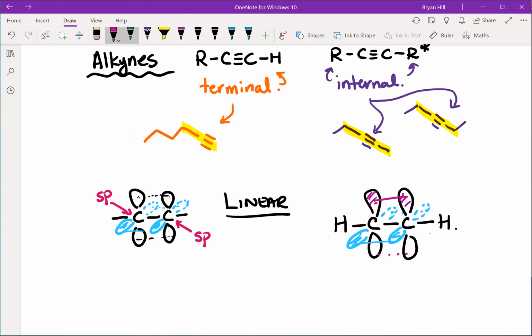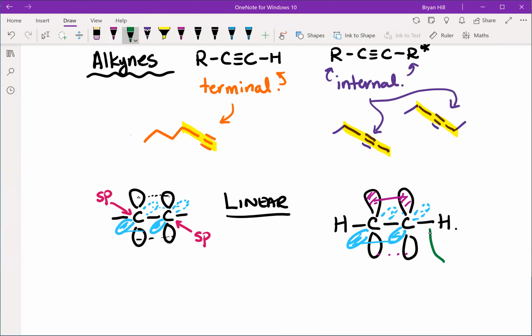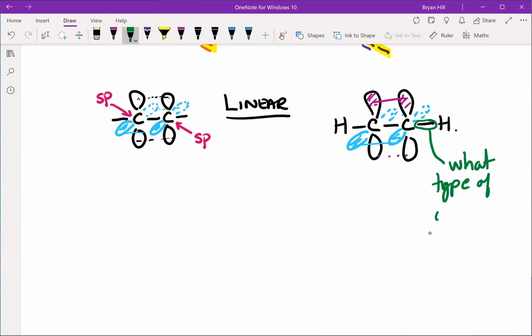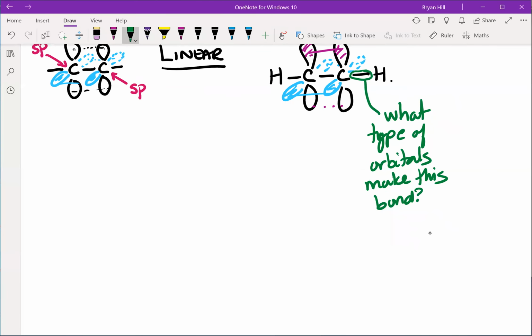Okay, now if I was to ask you, this bond here, I guess I could have drawn this out to the side. What type of orbitals make this bond?